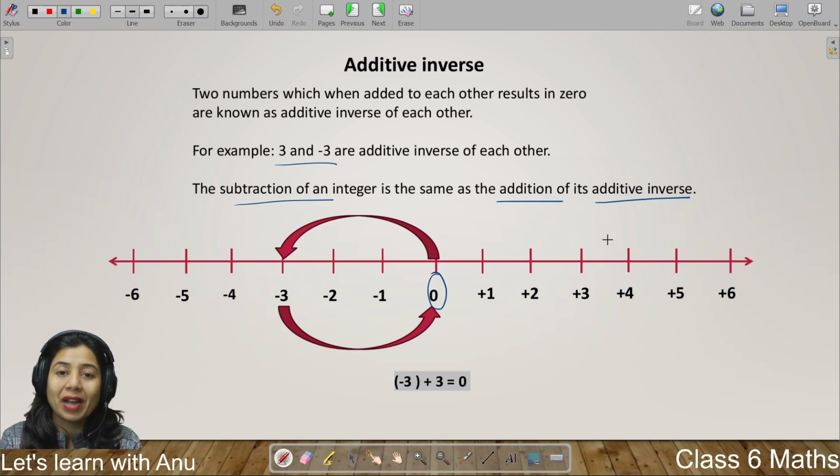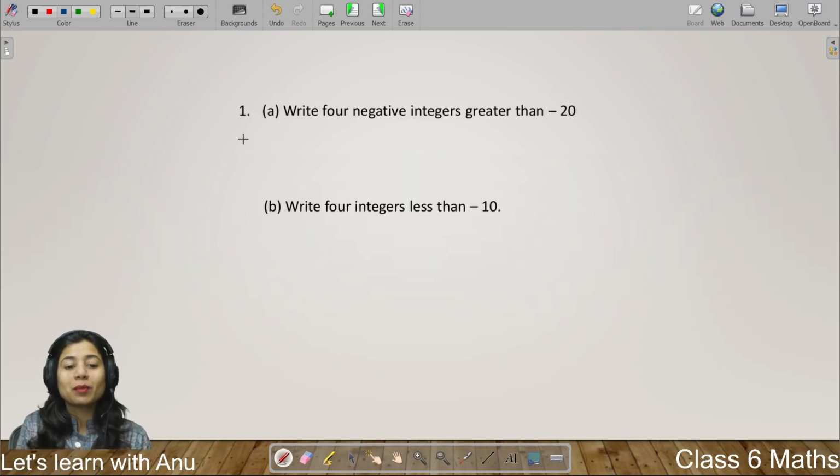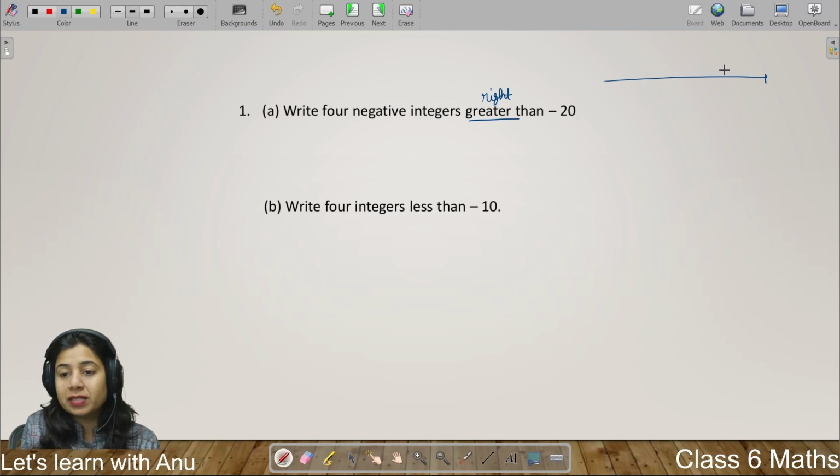Now it's time to practice some questions. Let's solve question number 1, A part. Write 4 negative integers greater than minus 20. Greater means we are going to move in the right direction on the number line. So if we try to plot them on the number line, it will be somewhat like this: if this is 0, and moving on, this is minus 19, minus 20, minus 21.